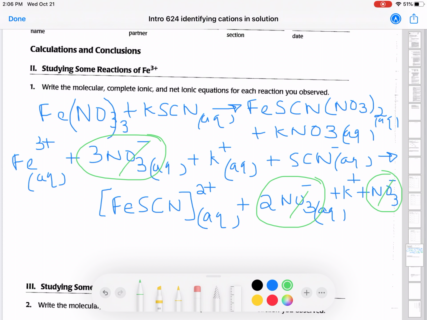And then what else is there? You have a K plus ion; they are called spectator ions. So when you are writing the net ionic equation, you get rid of the spectator ions, and then you write what is left.